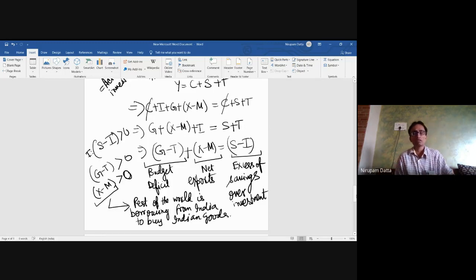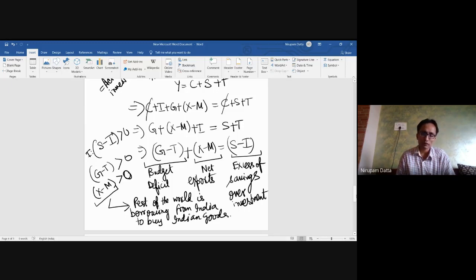And how is this borrowing financed? When exports are greater than imports, the rest of the world borrows from India to buy Indian goods, because they cannot finance their excess expenditure on Indian goods with the sales receipts for their goods and services, that is, the imports which India has made from them.